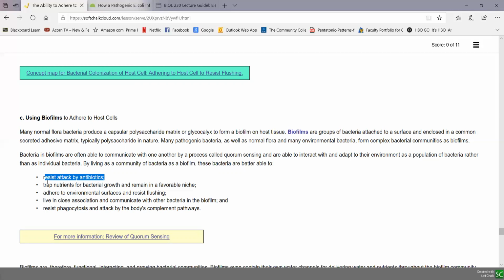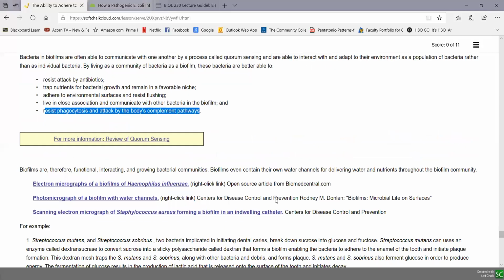The biofilm also traps nutrients often released by host cells once the bacteria produce enzymes and toxins, and those nutrients allow the bacteria to grow in the biofilm and allow the biofilm to mature and mushroom out. Of course, they're adhering to the environmental surface by the biofilm, so they're resisting flushing. They're still communicating through quorum sensing. And of course, they can resist phagocytosis and attack by the complement proteins inside this massive biofilm.